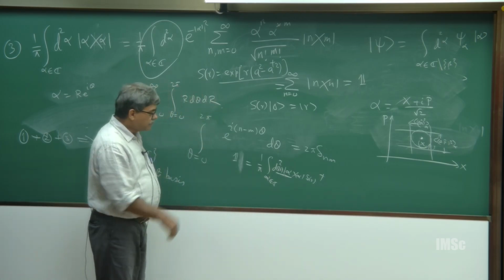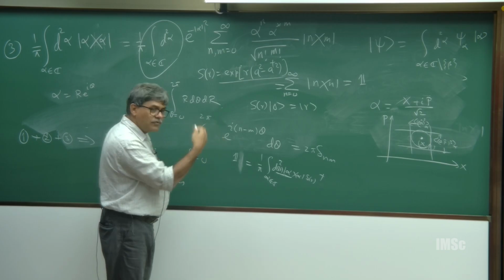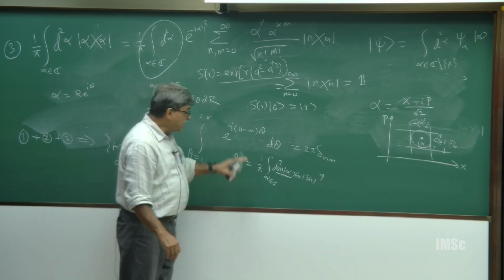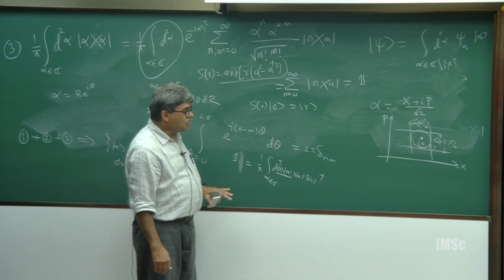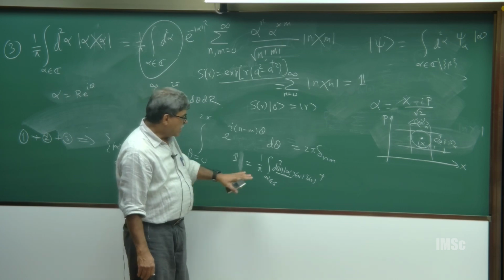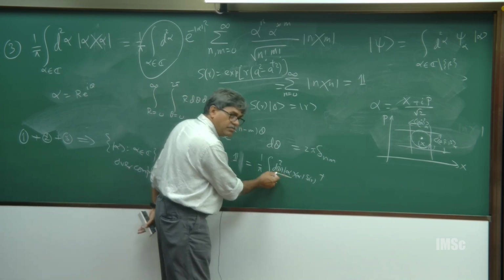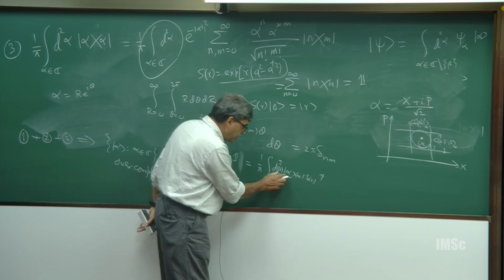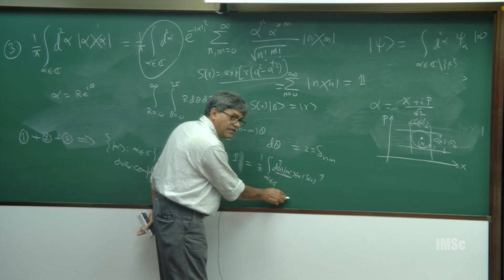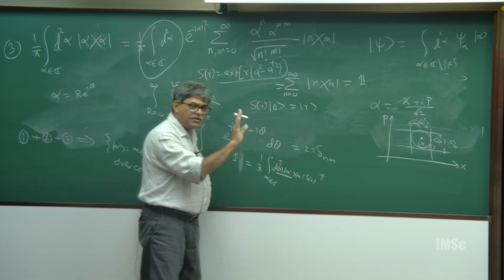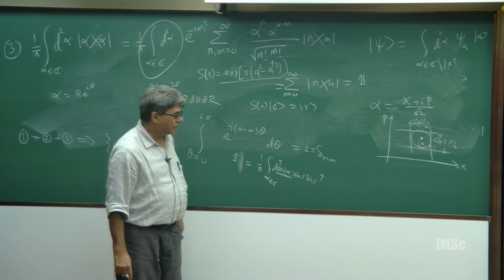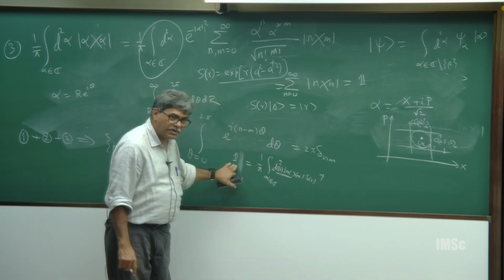Its phase space distribution will also be Gaussian. And this will form a basis, because if I choose different alphas, they will be linearly independent. This will of course form a basis.